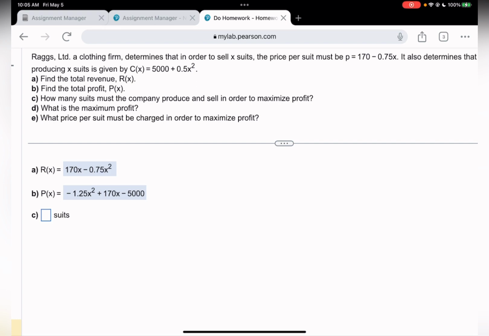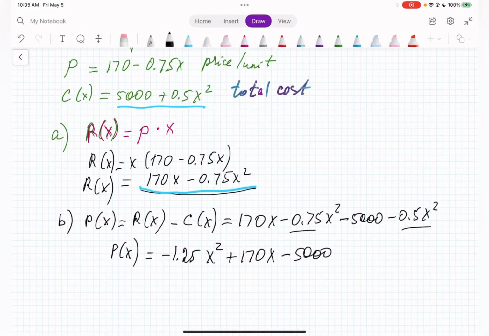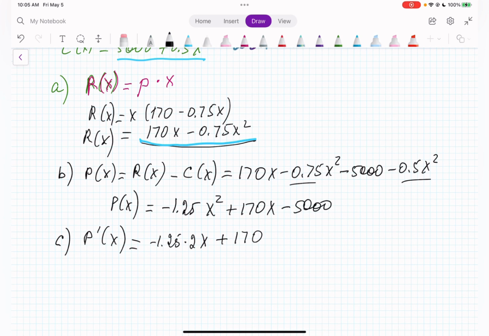Here is the interesting part. So what do we have to do here? I hear some people saying first derivative. Correct. To maximize or minimize, we are taking the derivative. So P prime of x is going to be negative 1.25 times 2 x plus 170, and the 5,000 becomes 0.